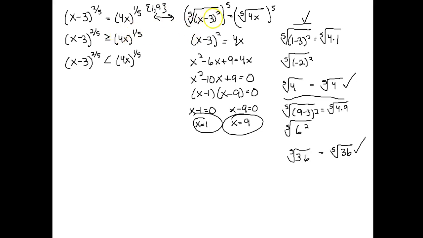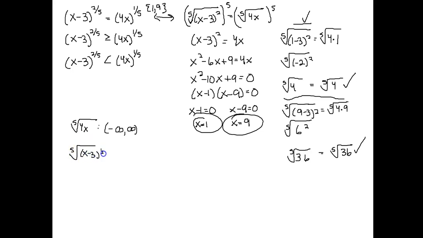Now, since they are 5th roots, it gets kind of interesting because, like, 5th root of 4x, the domain is negative infinity to infinity. And the same thing for 5th root of x minus 3 squared.